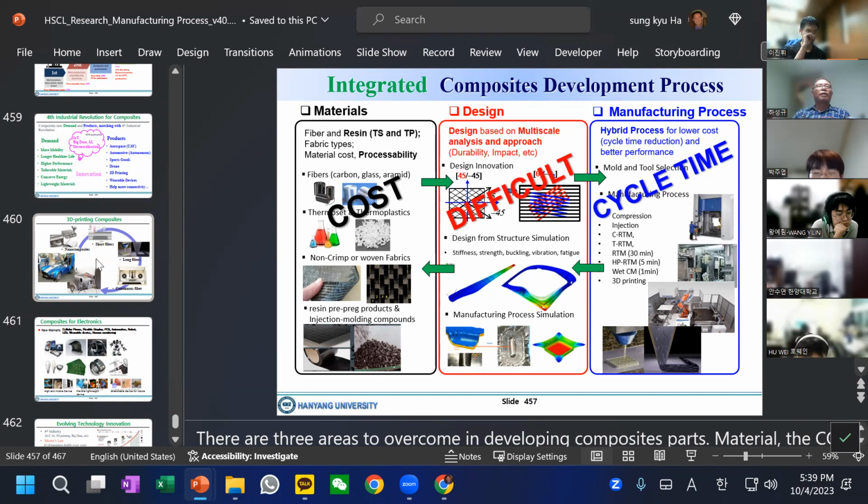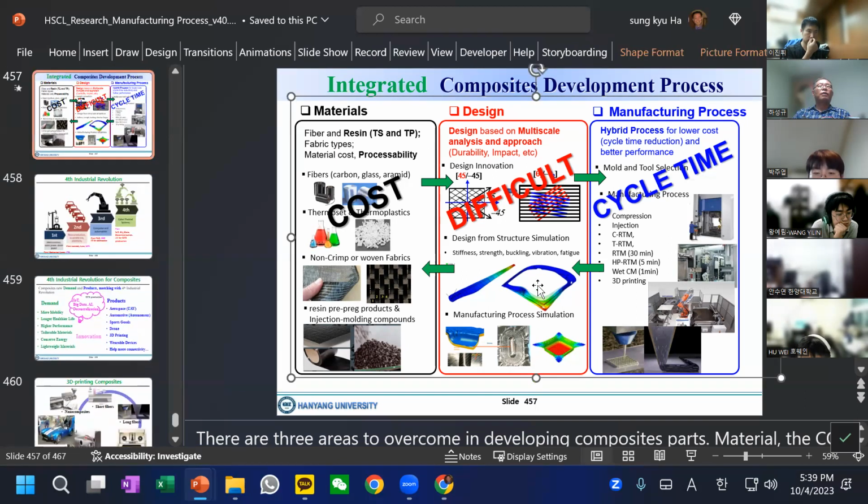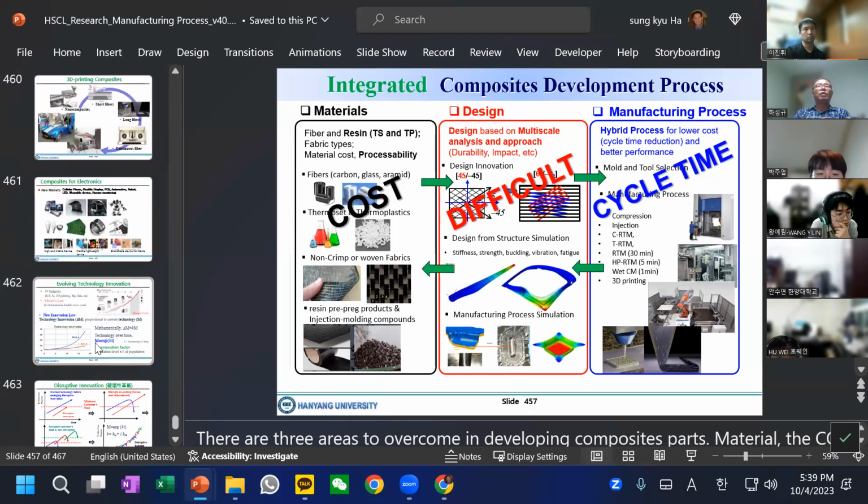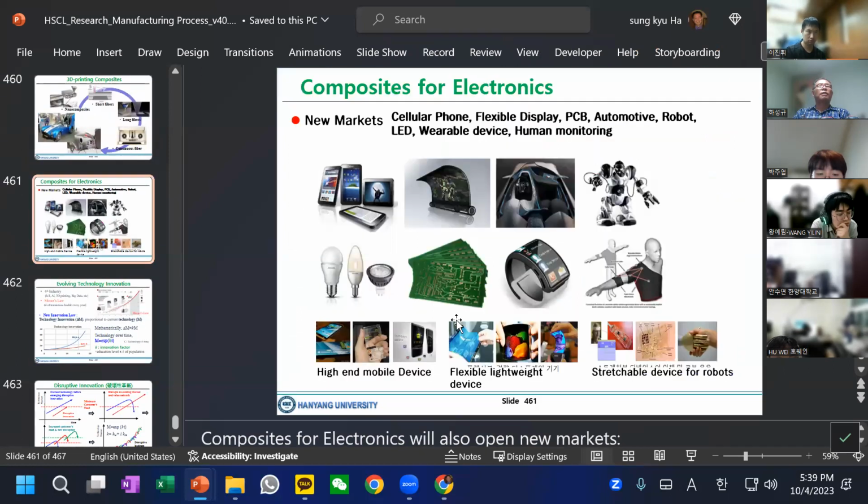Depending on whatever application you are planning, like a big container or big aircraft or robots or automotive, whatever, as a mechanical engineer, if you use composites, understanding all this behavior, you can be a very unique designer, not just for general structures, but also for electronics and wearable devices.